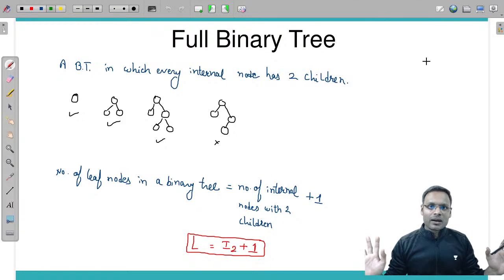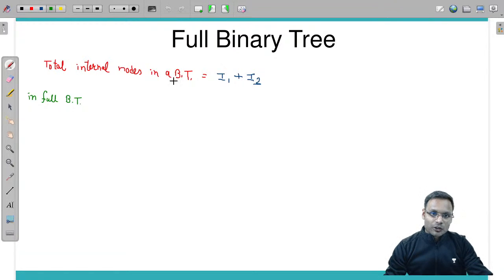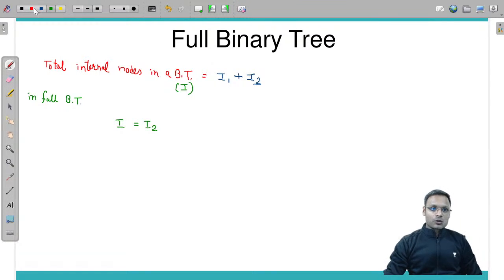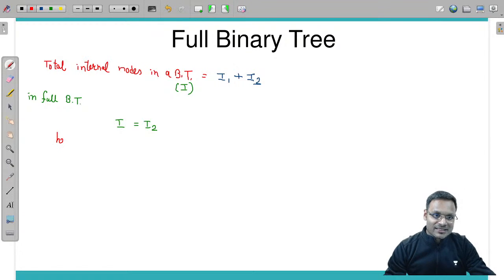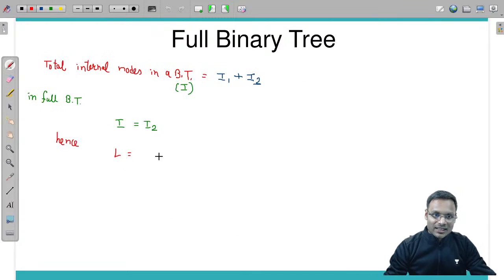Right, समझा ना रे बाबा, समझा ना? तो in full binary tree, if I talk about total internal nodes, capital I is equal to I2, only internal node with two children. So can I write total number of leaf nodes is equal to I2 की जगह I रखेंगे तो total number of internal nodes plus 1 होता.